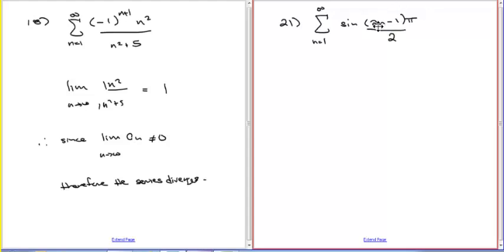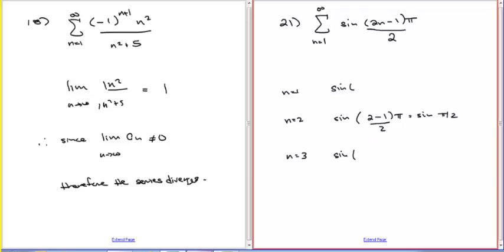This may not look like an alternating series, but when n equals 1, you'll get the sine of 0. When n equals 2, you get 2 minus 1 over 2 times pi, which is pi over 2. Okay, I got that wrong.